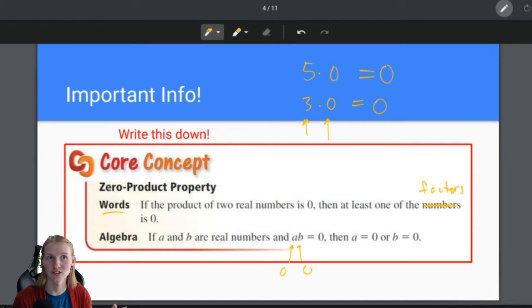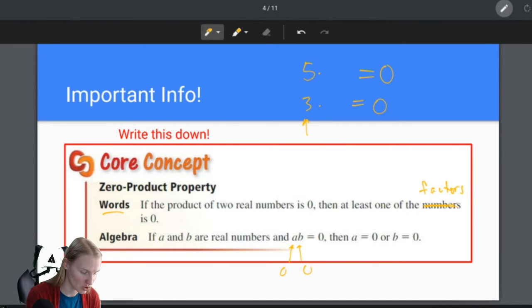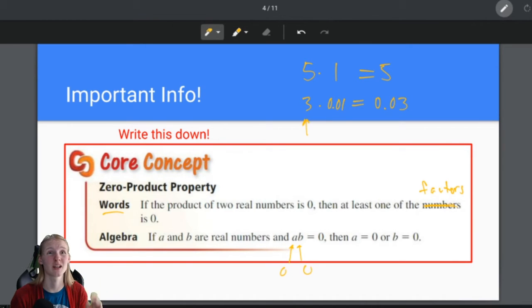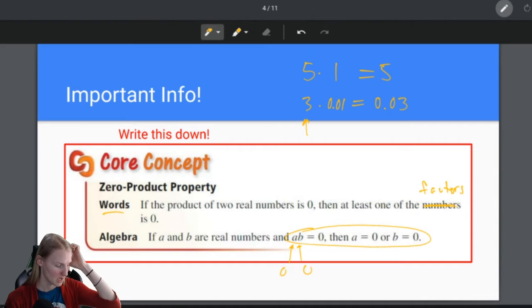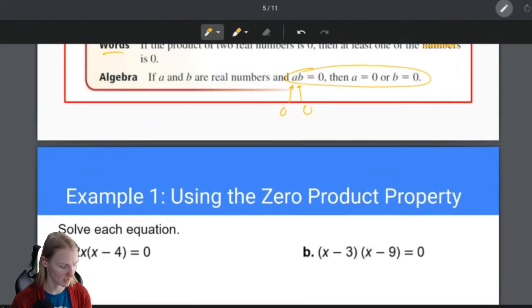If I change this to 1, I'm just going to get 5. Even if I change this to something really small, like 0.01, I'm just going to get 0.03. No matter how small you make a number, you can never get 0 unless one of the numbers is 0. So this is the takeaway.